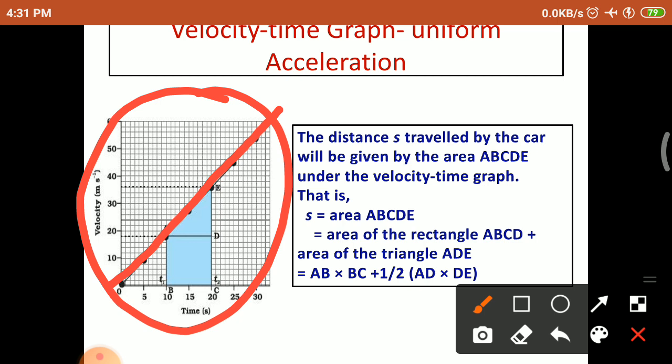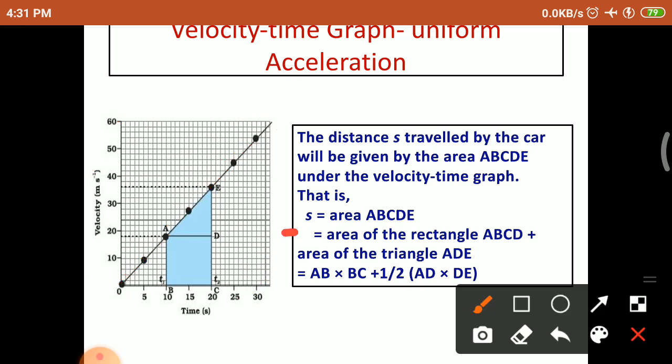Here I wrote the distance S equals area ABCD. See here, I took two points on the line and drew the perpendicular line. So this much distance is covered by the object. The blue line represents the distance covered.